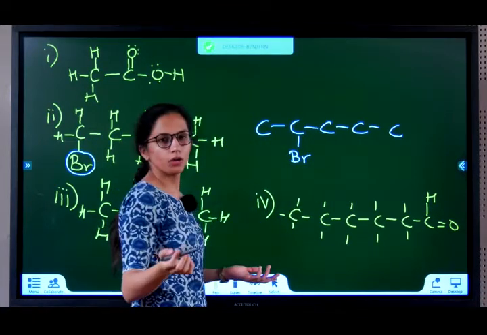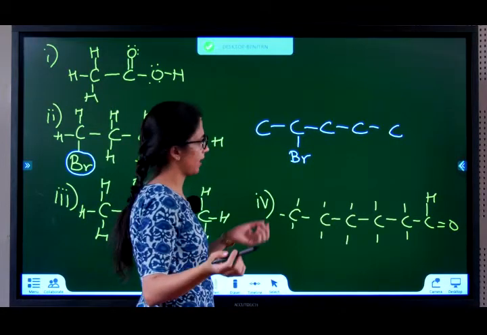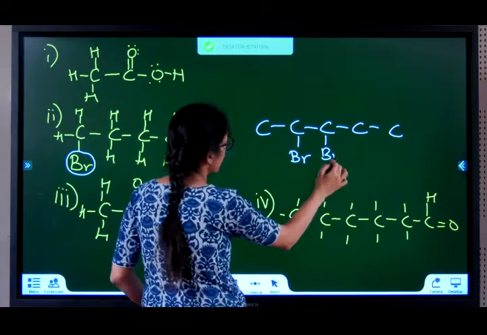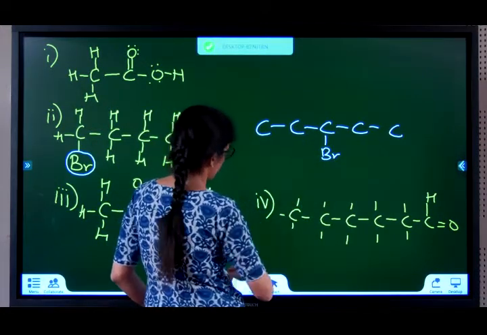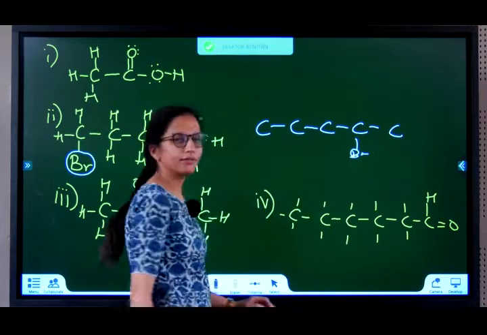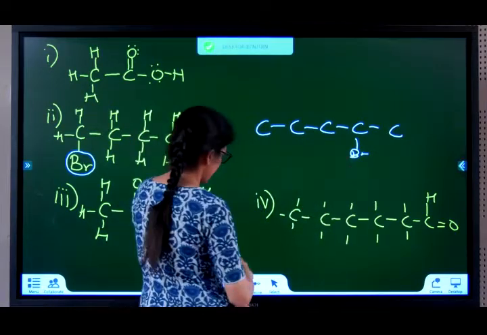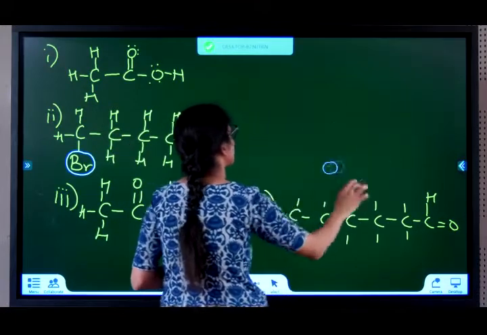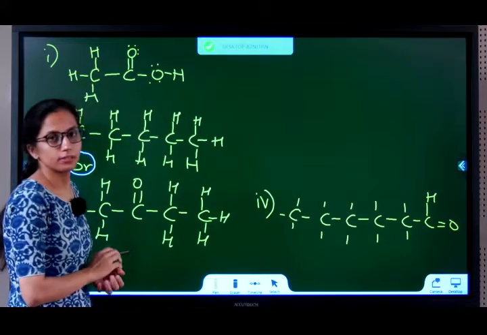Yes, 2-bromopentane. At position 3, yes, 3-bromopentane. At position 4, no, that will again give us 2-bromopentane. They have not asked you to draw it. So you can just say yes, structural isomers for bromopentane are possible.